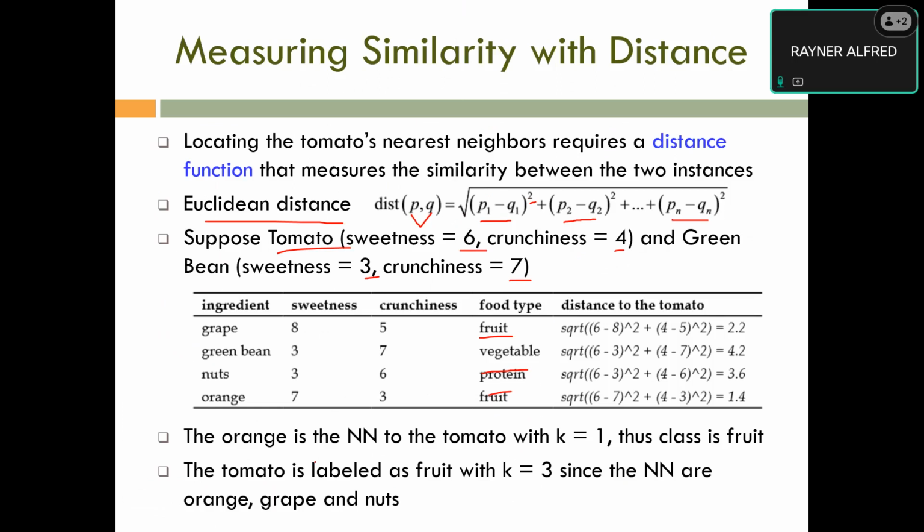For example, if you compare the tomato with the grape, you need to look at the differences between these two. For sweetness, this is 8, but for the tomato it is 6. So we take the difference and take the square.